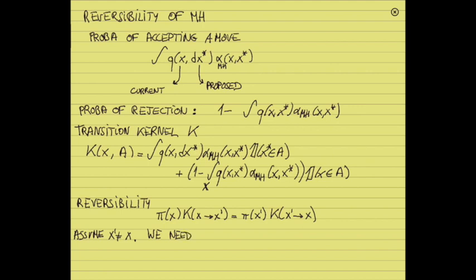And so if you look at the expressions, simplifying because the indicators sort of disappear, what we need is that pi of x, q of x, x prime, alpha of x, x prime is equal to pi of x prime, q of x prime x, alpha of x prime x. Right? So it's kind of just flipping the x and x prime states.